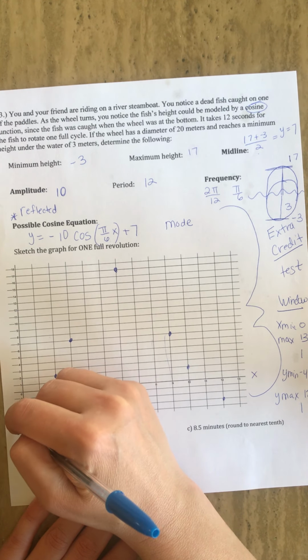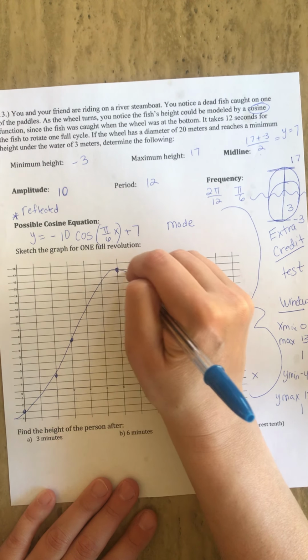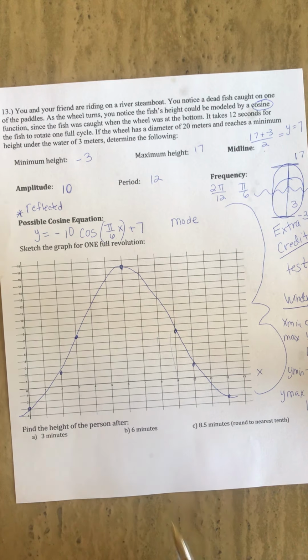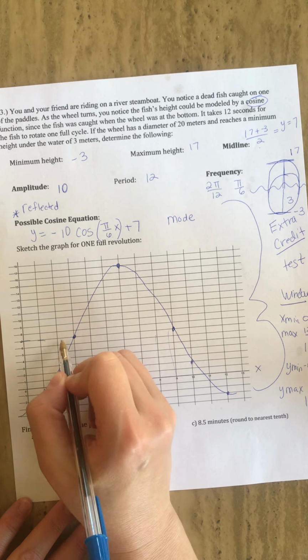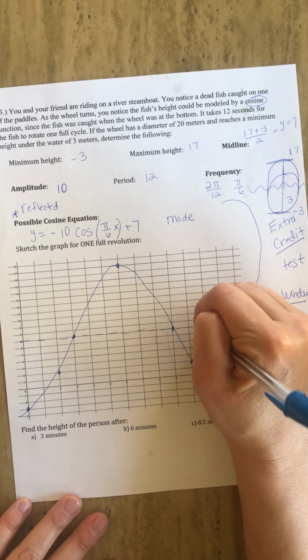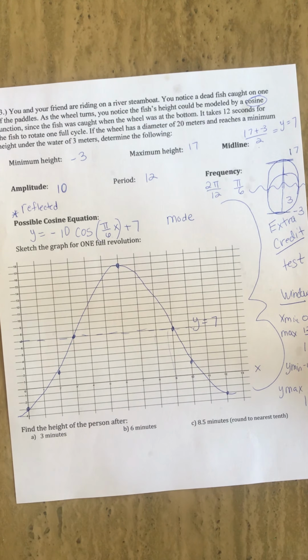Okay? So you guys can use your table to help you graph that there. Okay? And just note that this right here is your midline at y is equal to 7.